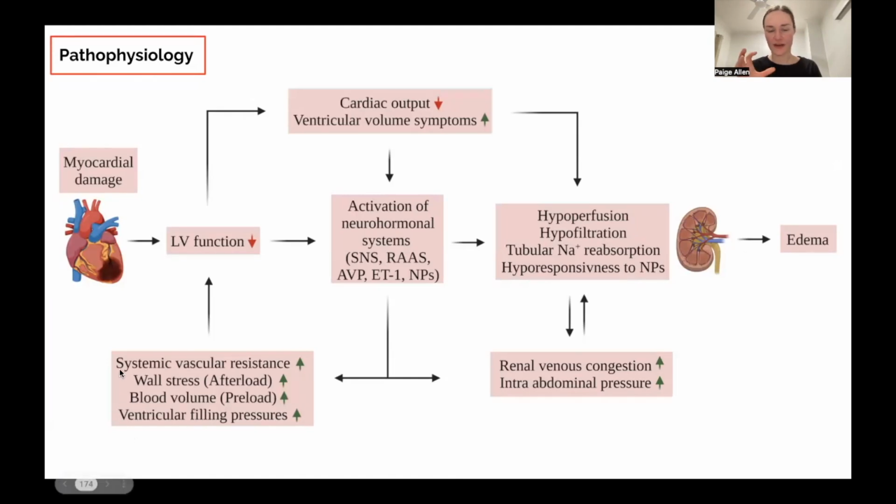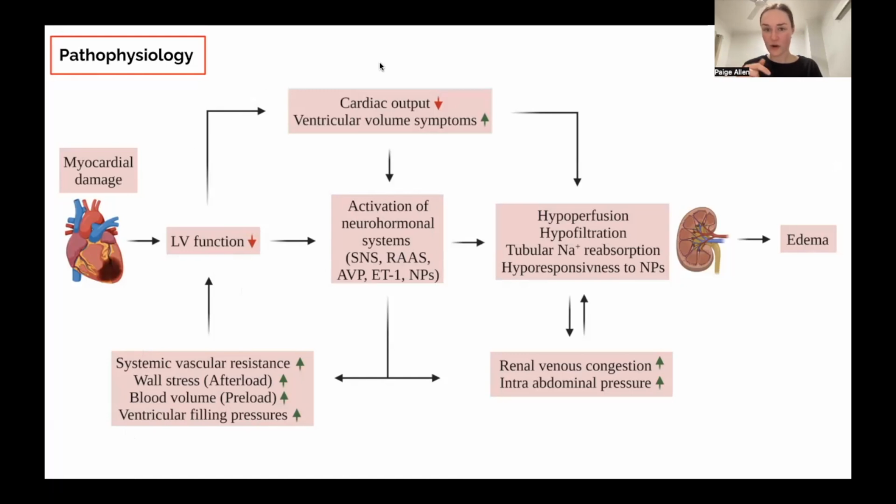Similarly, if you have too much blood volume, like from too much preload, then the heart has to do a lot of work and is always being stretched out extra far. So over time, that does cause some damage to the myocardium. But essentially, both of those sorts of things can cause decreased left ventricular function because the heart is tiring and it's not able to pump the blood as effectively.